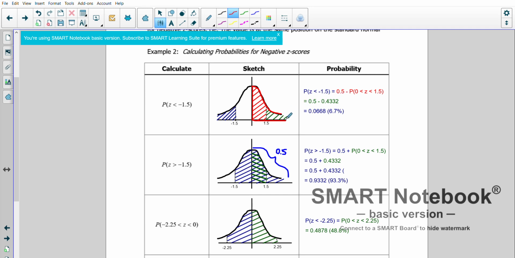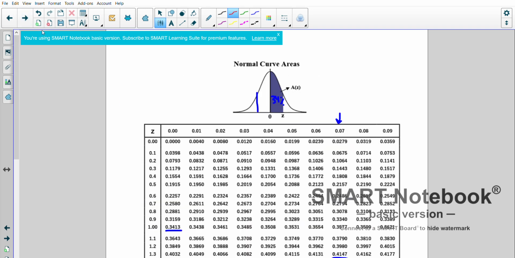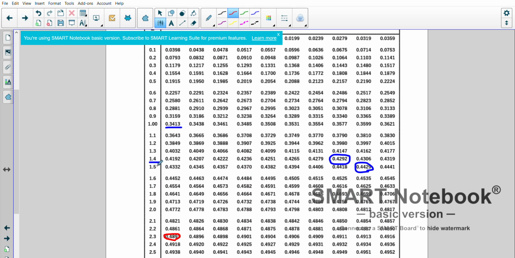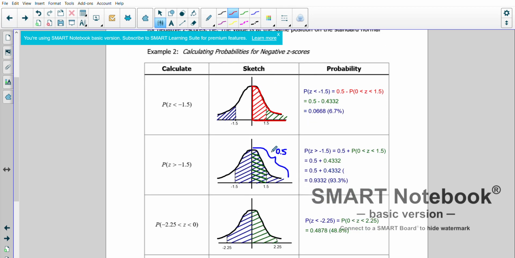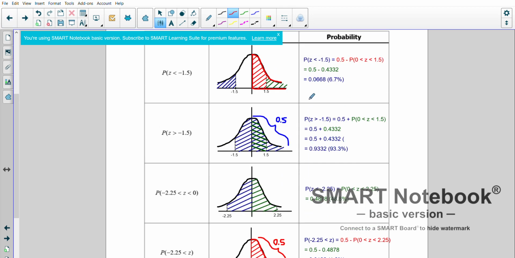We did 0.5, which is the entire red region, minus the red, 0 to 1.5 positive. So it ended up being 0.5 minus, and then if I go to 1.50, it's 0.4332. I get approximately 6.7%.